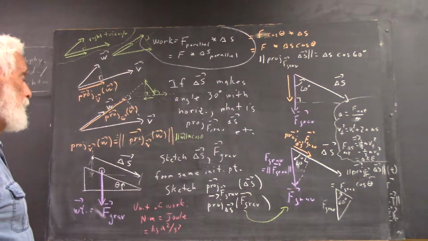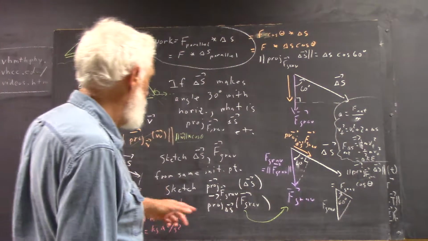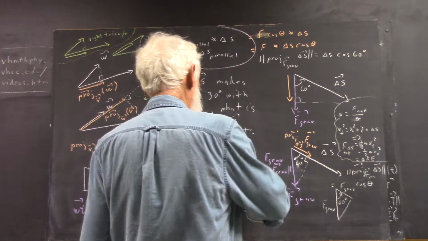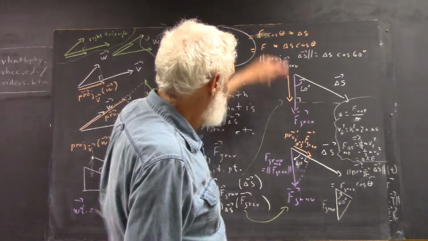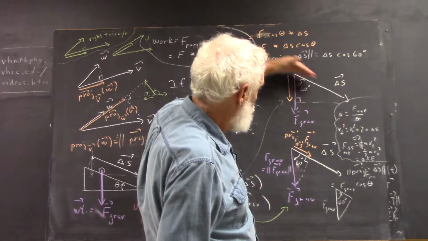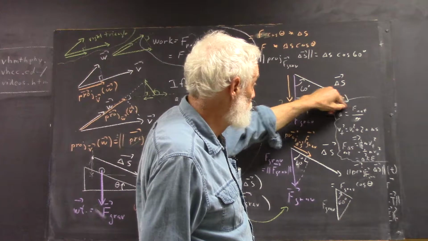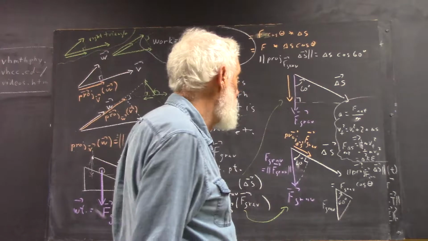Now, the other thing we can do is project delta S onto F grav. And that's this picture up here, and it should be pretty self-explanatory. F grav is straight down, delta S is here, same initial point, tip of delta S, project back to F grav at a right angle. Looks like this.